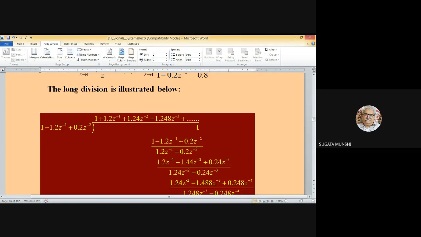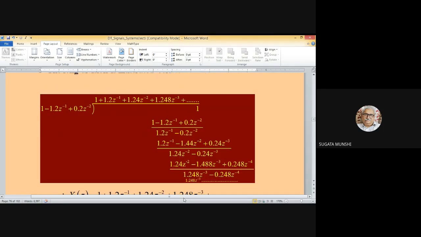So what will be the next term? Next term will be such that if you subtract these two, what will you have? 1.248 z to the power minus 3 minus 0.248 z to the power minus 4. So the next term should be 1.248 z to the power minus 3.